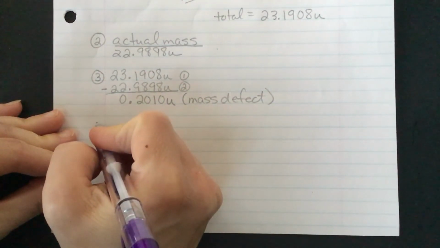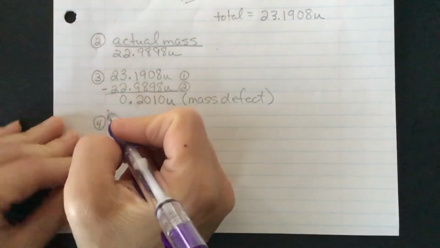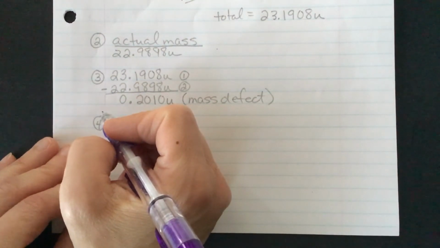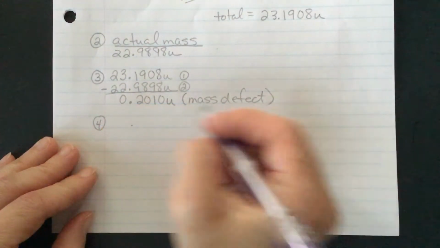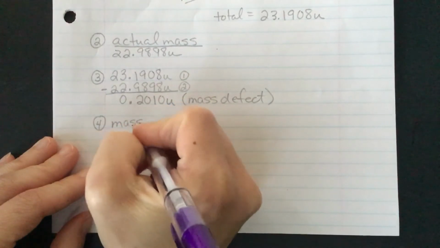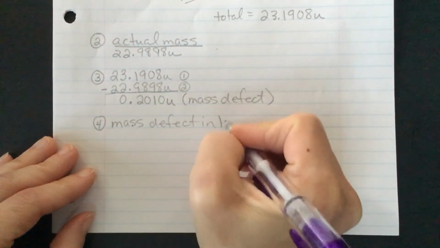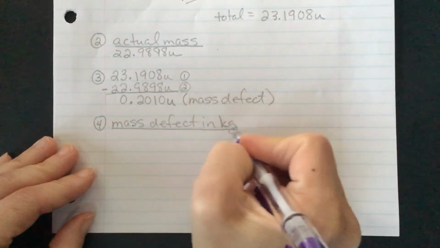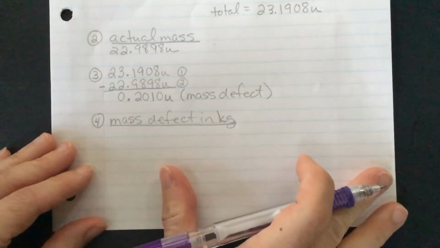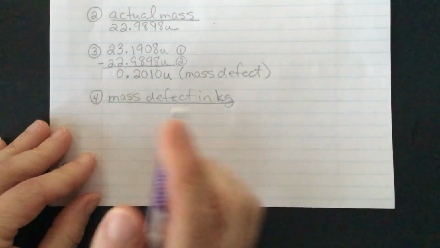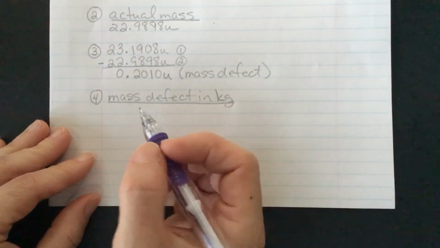For step 4, this is where I find the mass defect in kilograms. I have to do a conversion to use it in E equals mc squared.